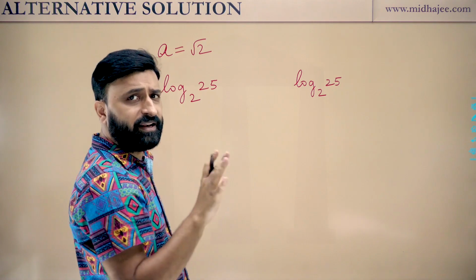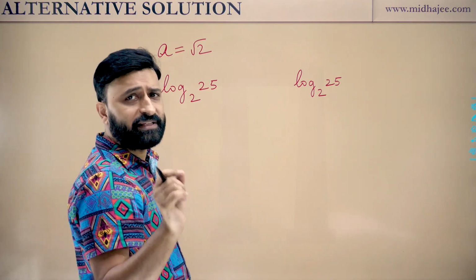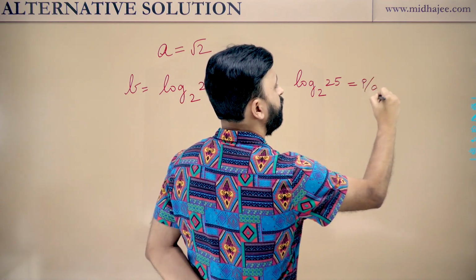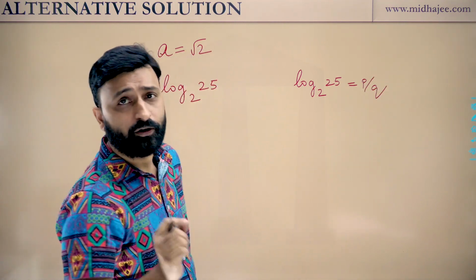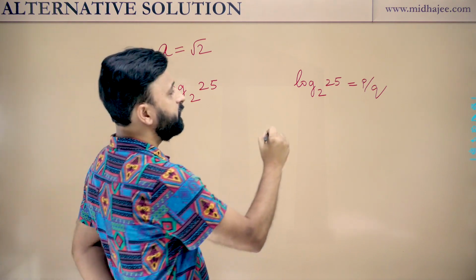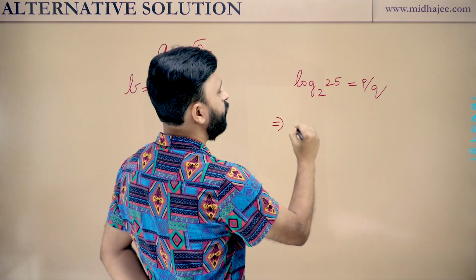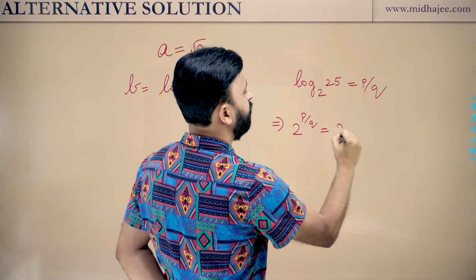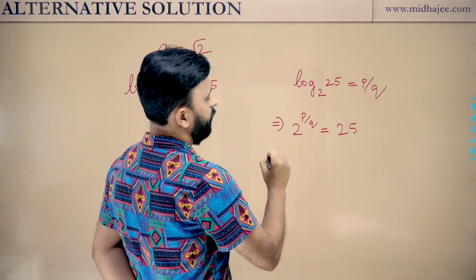So we are assuming that it is a rational number, which means that it can be represented in the form of p over q, where p and q are co-prime integers. Now using the definition of logarithm, we'll get 2 to the power p over q is equal to 25. This is the definition of logarithm.